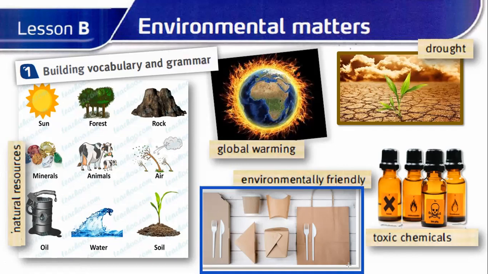Let's say that if you want to do the laundry, okay, you have your washing machine, you have your clothes, and they need to be washed. Now, if you use detergent that has phosphate or any other toxic chemicals, that is not environmentally friendly because it's dangerous, it's bad for nature.